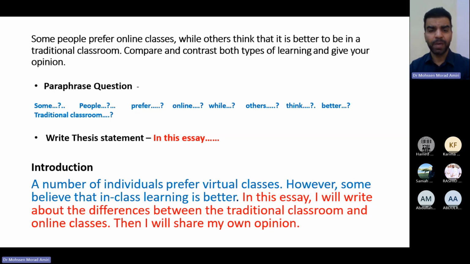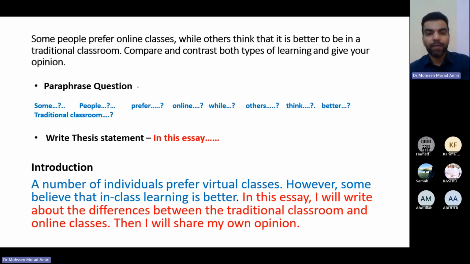Actually, this PPT is not mine, but I just wanted to give you an idea. A number of individuals prefer virtual classes. So for online classes, we gave a synonym. We changed it. We paraphrased it. And we used virtual. Virtual classes, Shabab, means online classes. Now we changed however, sorry, while. While means however. However means but.